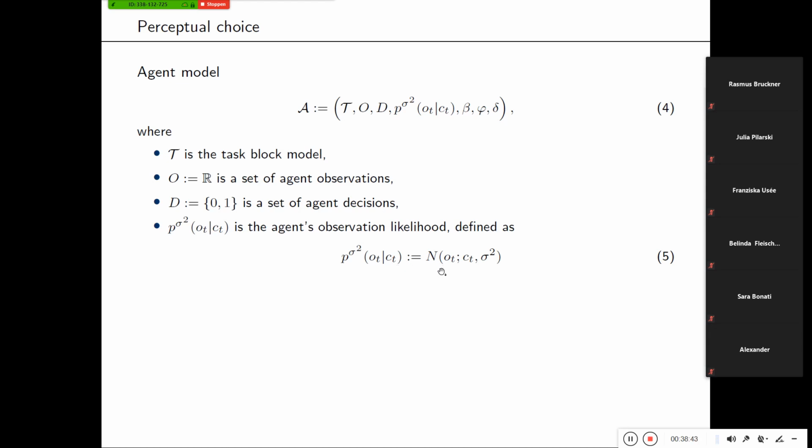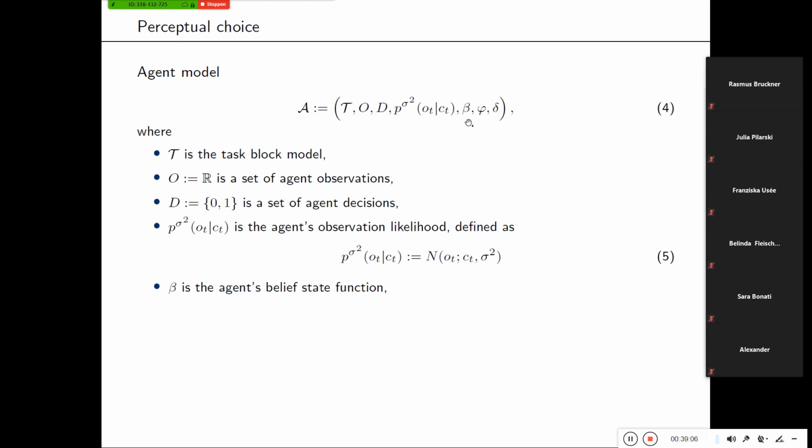And this observation likelihood is defined as a Gaussian. So it's just a Gaussian which is centered on a given contrast difference and has some variance parameter. And I will show you a depiction of that in a second so that it makes a little bit more sense what this is about.